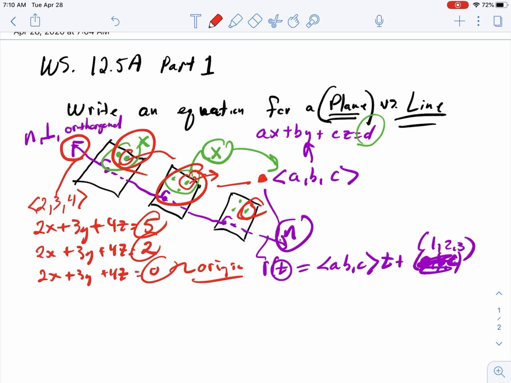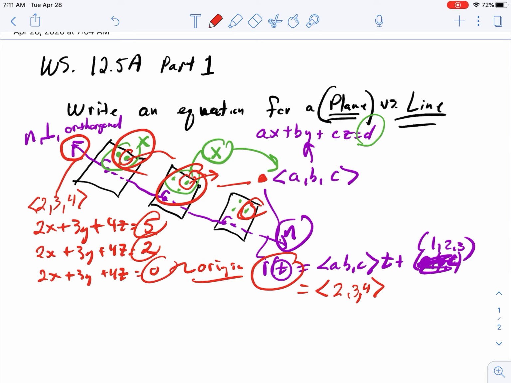So it's not the plane itself, it's the orthogonal vector of the plane. If I wanted to write the equation of the line, I'd use 2, 3, 4 for the equation of the line.